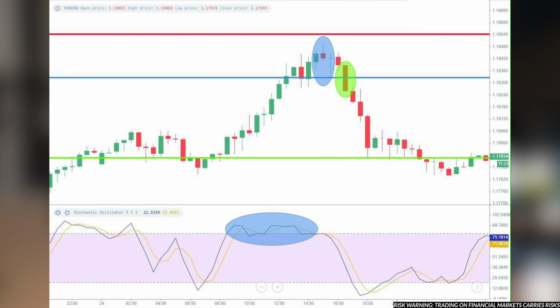The stop loss is placed as always slightly above the highest price, which is the maximum point of the reversal pattern, marked with the red line, and the take profit traditionally should be equal to a range of 2 times the stop loss.